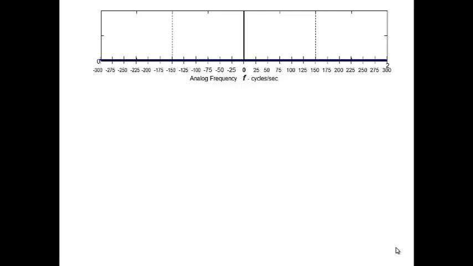What about this e to the j thing going on in there? 2 e to the j 2 pi, let me just use the general frequency f0 t. If I multiply something in the time domain by e to the j 2 pi f0 t, there was a property for that in Fourier transforms. Remember what it was? Frequency shift property.